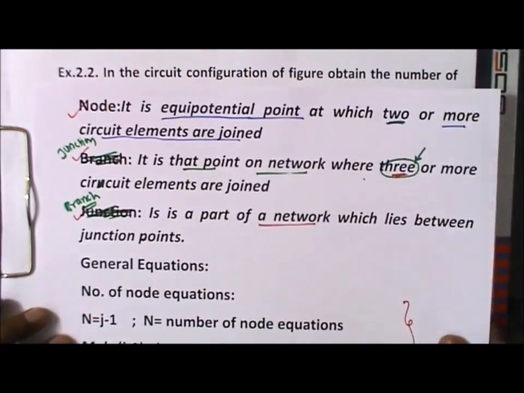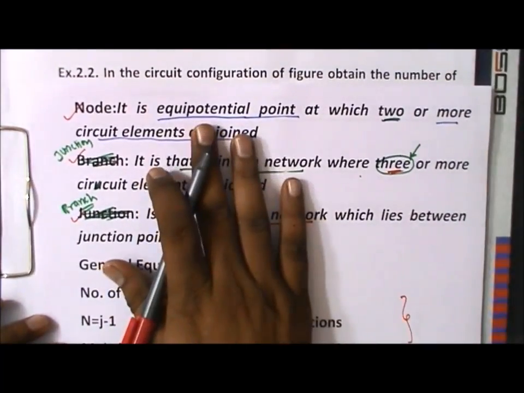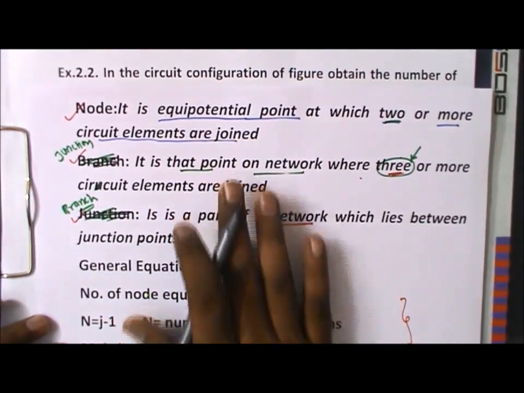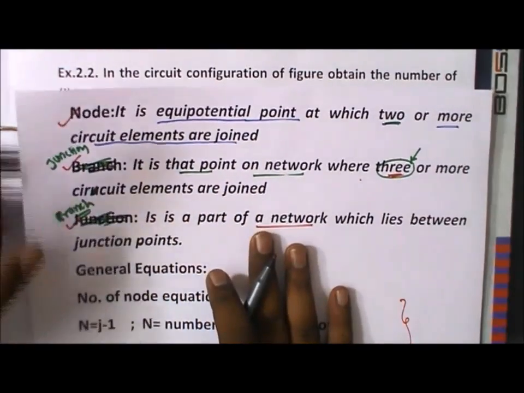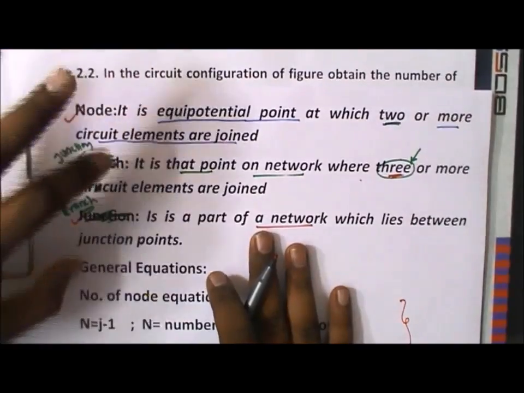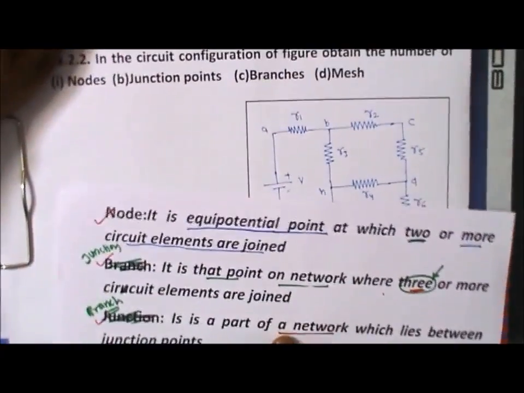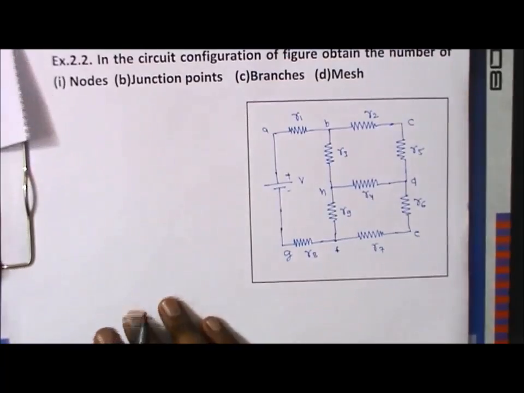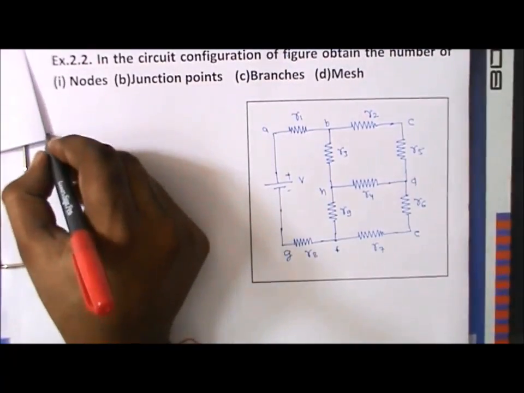So we have already discussed what is the node, what is the significance of junction and what is the significance of branch. By using this concept that we have learned, we can easily apply it in this numerical. So we have to calculate the nodes. First we are calculating the node.